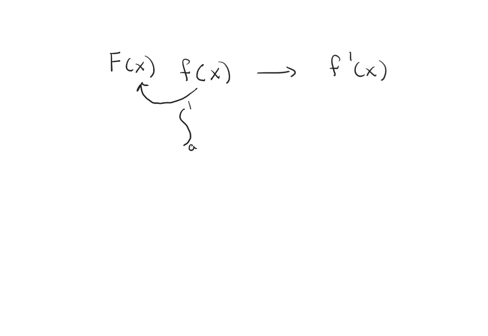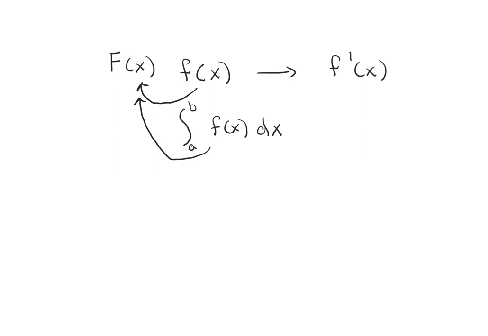integral. Here's that definite integral notation. From a to b of f of x is telling you to find the area under the curve, and what that's doing is the antiderivative, finding that capital F of x.